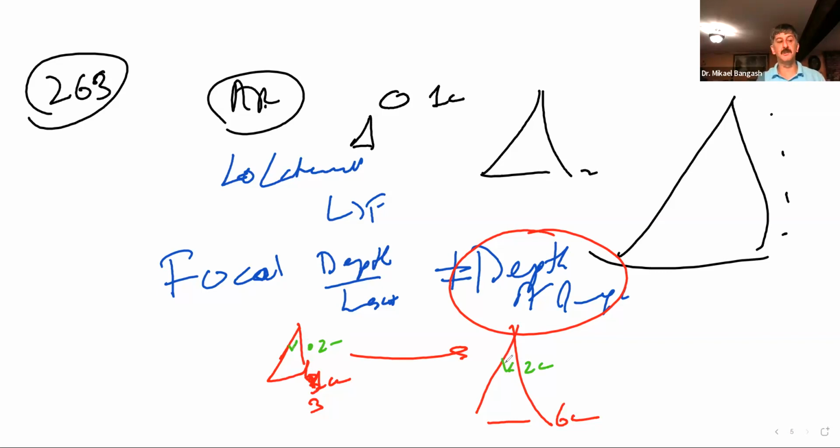How was that focusing achieved? It required to be fixed because the transducer itself had a focal depth of 2 centimeters. Or it could be electronic, which means we want the system to focus at a depth of 2 centimeters. So it's going to be at this focus here that we will have the best lateral resolution. So changing the depth of image is not going to affect your focal depth, and vice versa.